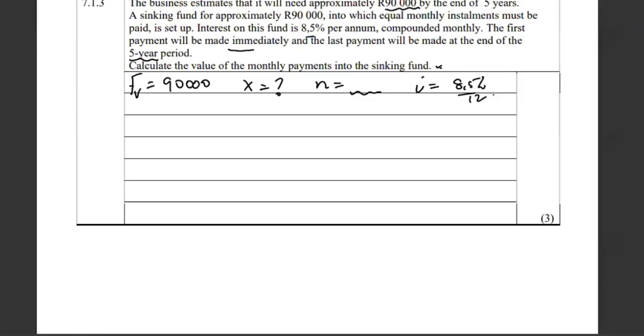With the n, I'm going to take my n to be 61. Why? Because they are telling us that monthly payments must be paid, and the first payment will be made immediately, and then the last payment will be made at the end of the 5-year period.